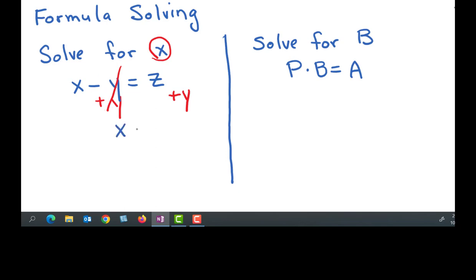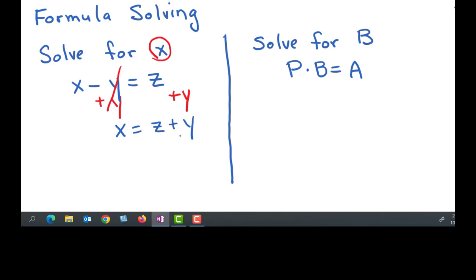Once you get the requested variable isolated, then you're good. Now, you can't do anything on this right-hand side because these are not like terms. Remember, the variable has to be alike to combine. So x is isolated. That's our goal. So that is the answer.